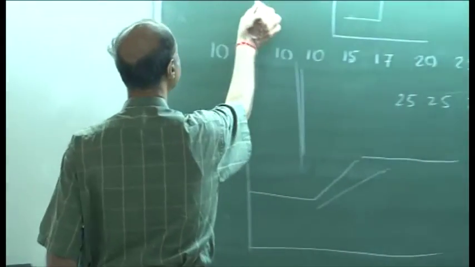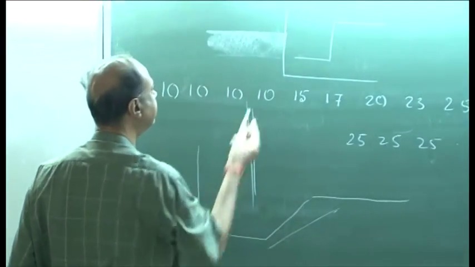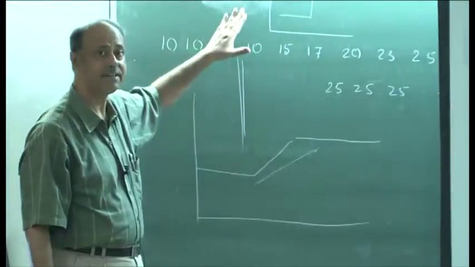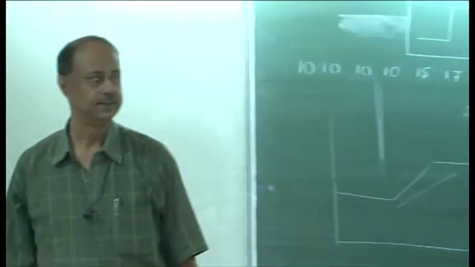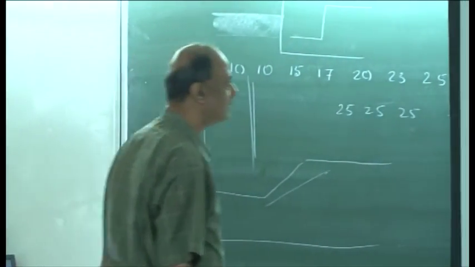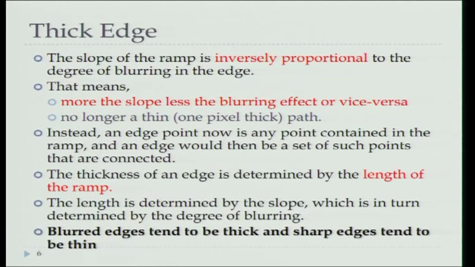So, edge thickness will give you the degree of blurriness, agreed. So, if you have an edge and this thickness is like that, that means the blurring effect is more, right. So, blurred edges tend to be thick, while sharp edges tend to be thin.